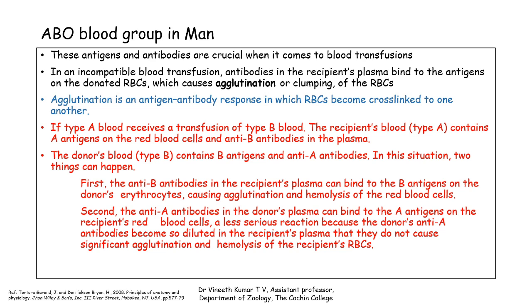To avoid such complications, we use blood grouping, and we transfuse only compatible blood. Nowadays, transfusion is not only linked with compatible blood, it is also linked to other risk factors.